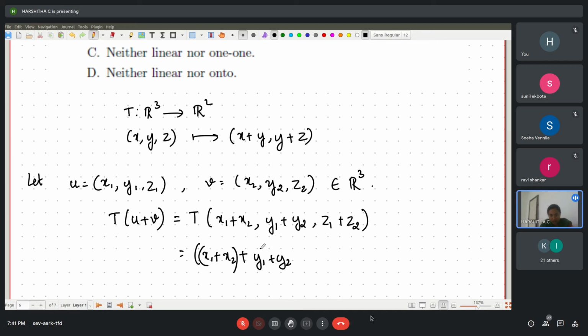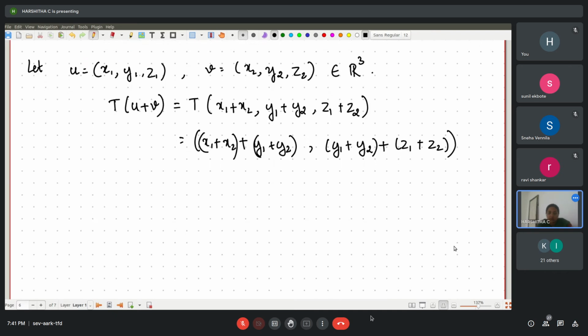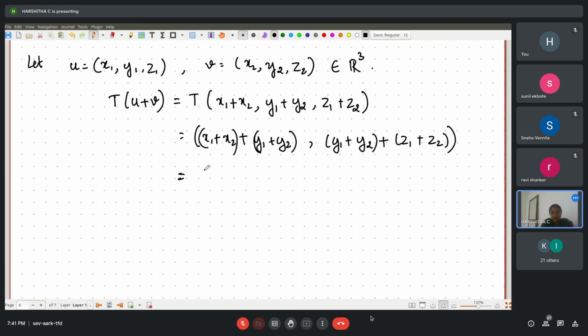This is the x coordinate, and this is the y coordinate, y plus z. Again, we can just split it up.